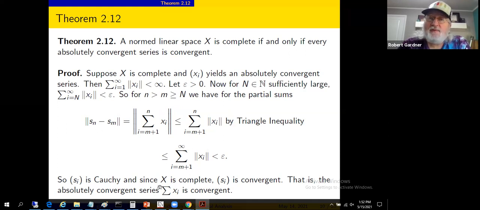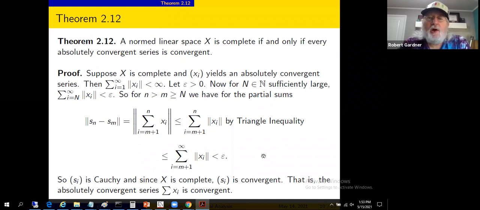So absolutely convergent implies convergent in a complete normed linear space. All right. You might want to be aware of where we use completeness. It was right there. Without the completeness, we get stuck. So the completeness played a big role, and it played it right there.